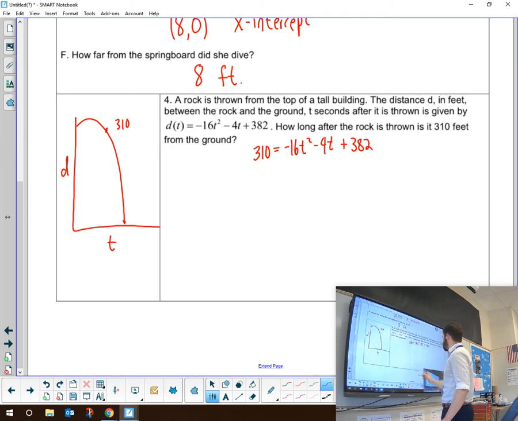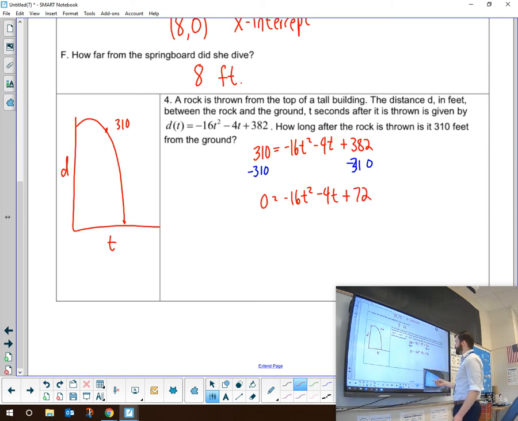And to solve this, I'm going to subtract 310 from both sides, right? Because we still want to get 0 on one side. And we're going to get 0 equals negative 16t squared minus 4t plus 72. And now we're going to factor out a GCF if we can. My GCF here is going to be a negative 4, because remember, we don't want my a to be negative.